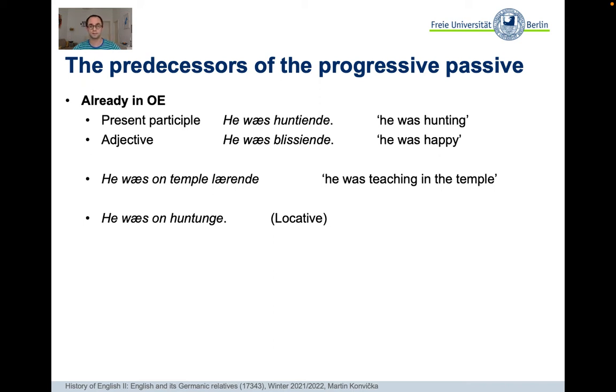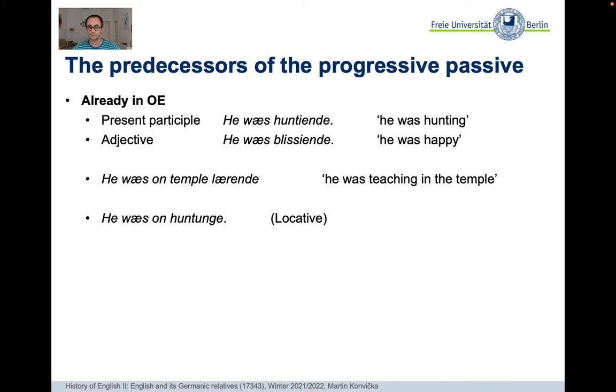So he was huntjende, he was hunting, or right, with adjectives, he was blissjende, he was happy, and also sort of locative constructions that were very similar. He was on huntinge, he was hunting.